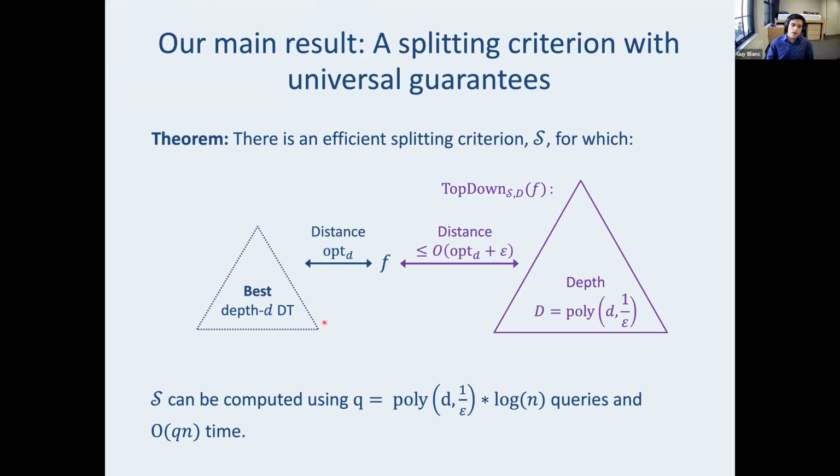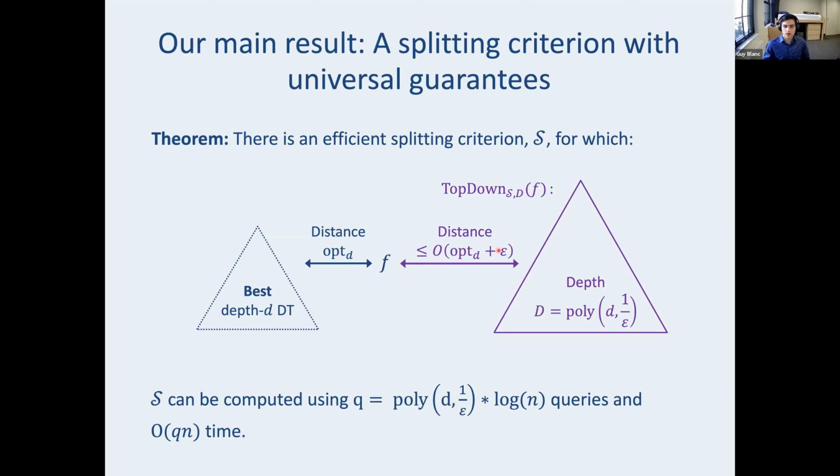So as long as f is close to some depth d decision tree, where d is a parameter that you can choose, the top-down tree at depth big D, which is polynomially larger than little d, will also be close to f. How close it is is a function of how close the best depth d decision tree is. So if you choose a little d such that there is a very close tree, then the top-down tree should also be very close to f.